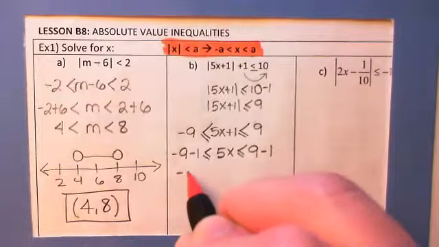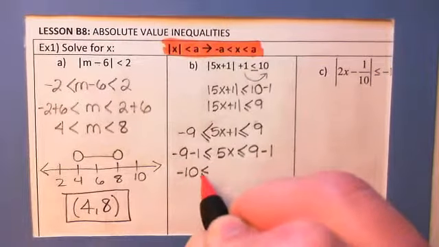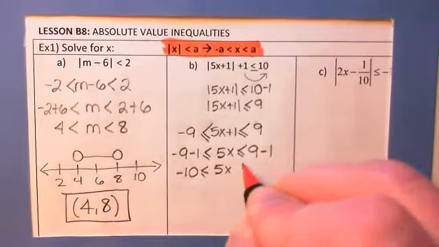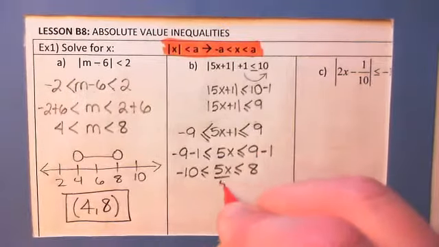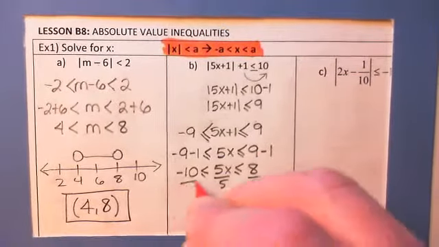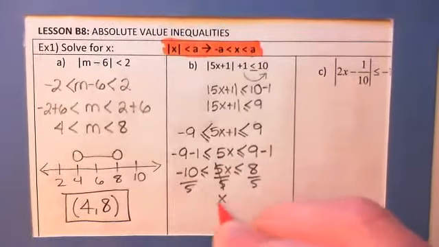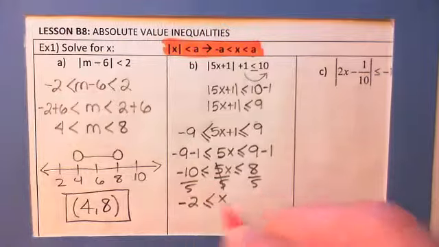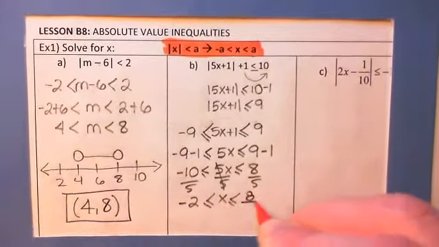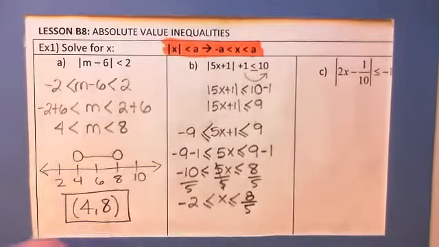So on this side I'm going to get negative 10 less than or equal to 5x less than or equal to 9 minus 1, which is 8. Divide each one by 5, so I get x alone. And this would be negative 2, and on the other side it would be 8 over 5.